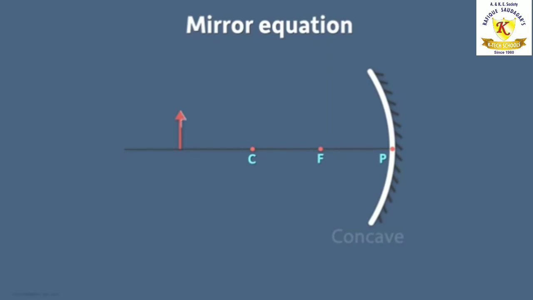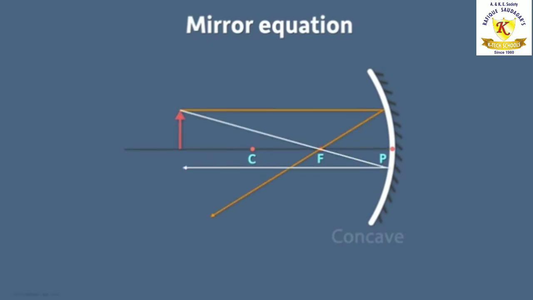Suppose that our object is kept behind C at a finite distance away from the mirror. We draw our usual ray diagram to get the image, which is of course a real image.